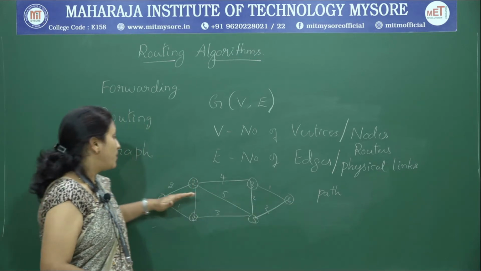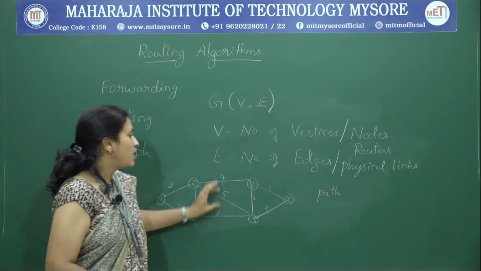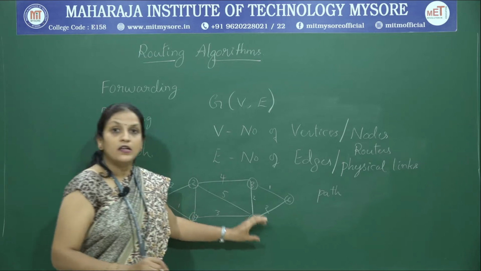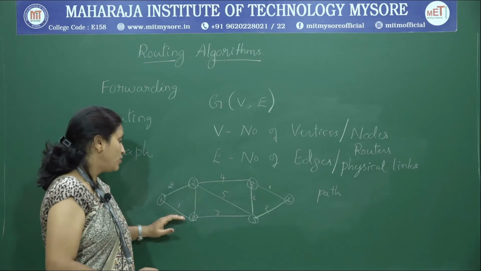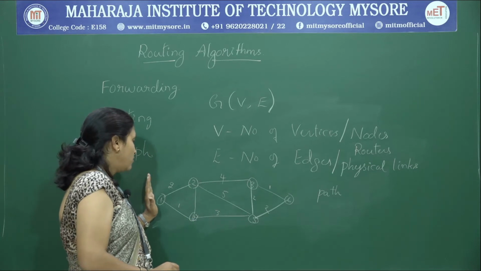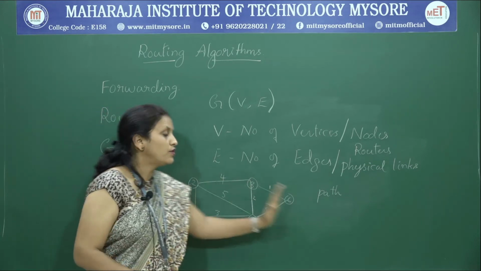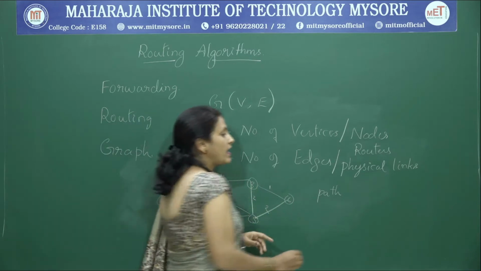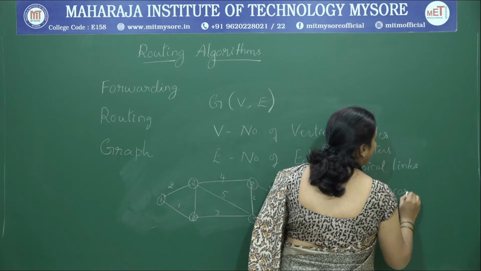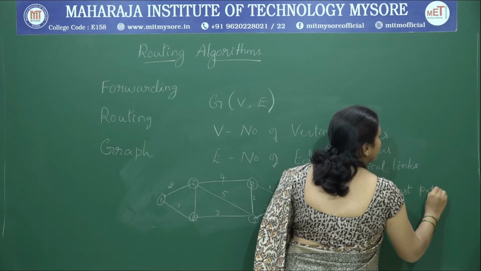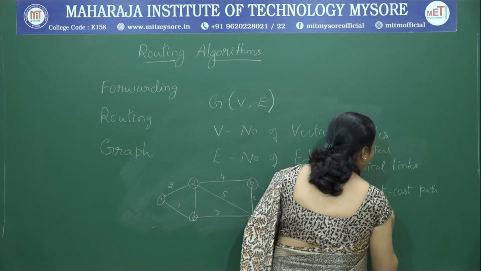So depending on these costs, we are going to calculate the least cost that can be used in order to travel from source to destination, and we call that the least cost path or shortest path.